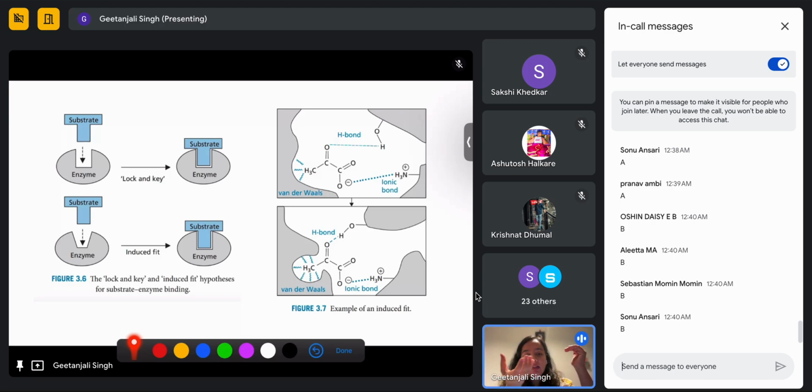Once the substrate comes there, it induces some kind of fit, like a change in orientation and conformation of the active site in the enzyme, and the enzyme itself induces some kind of change in the substrate.